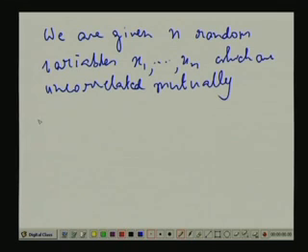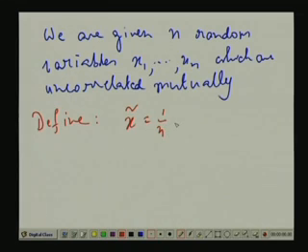Then define the simple sample average of these n random variables. Just add them and divide by the total number of variables involved, that is n, and call it a new random variable, x tilde.